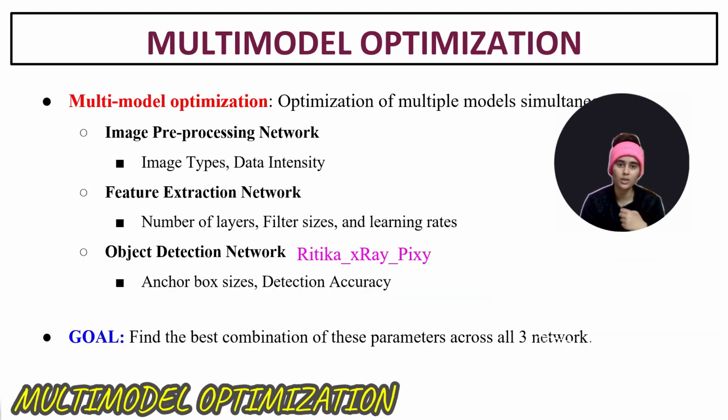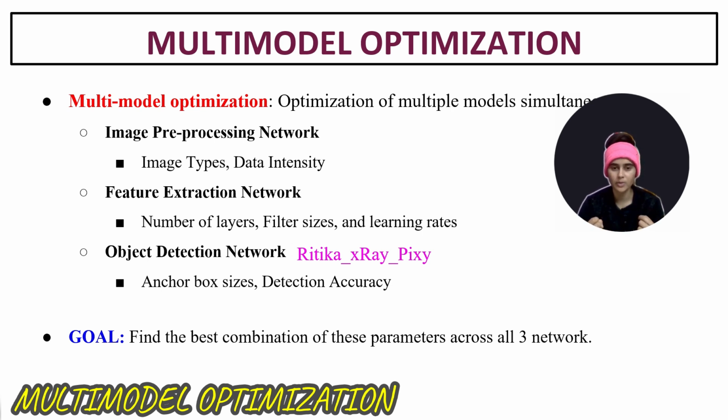Next we have multimodel optimization that refers to the optimization of multiple models simultaneously. For example, suppose we are working on a computer vision system for object detection and this system contains several networks for image preprocessing, feature extraction and object detection, and all these networks are working together in a pipeline, and each network has its own hyperparameters, configuration and architecture, and that can influence the overall accuracy of the system.